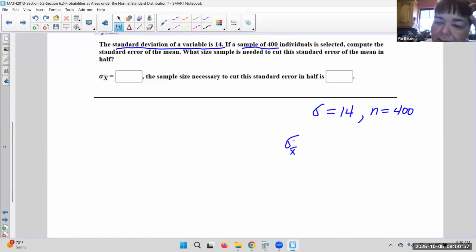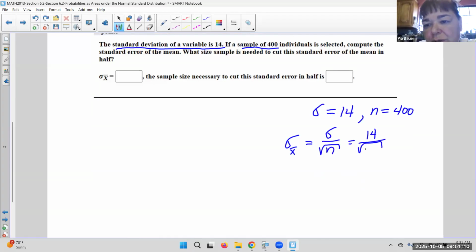That's what you need to find that standard error of the mean, sigma sub x bar, because it takes the population standard deviation divided by the square root of the sample size. So we're taking 14 divided by the square root of 400. That's going to come out to be a nice exact value, not a repeating decimal, because the square root of 400 is actually 20.